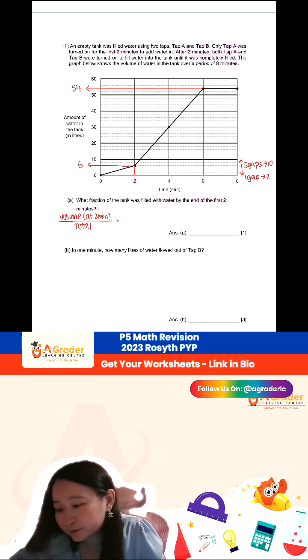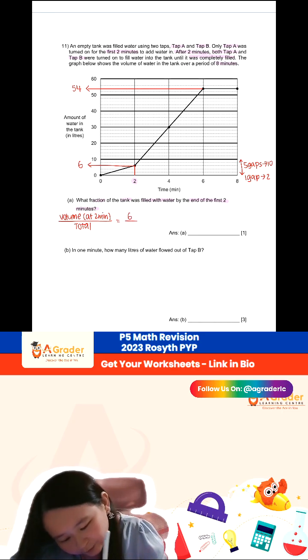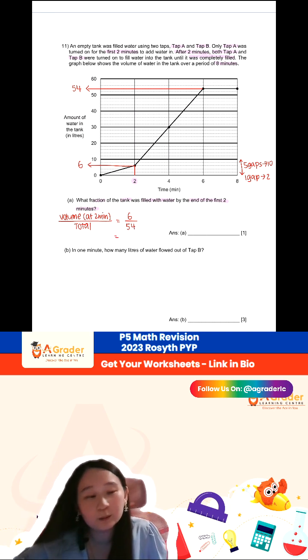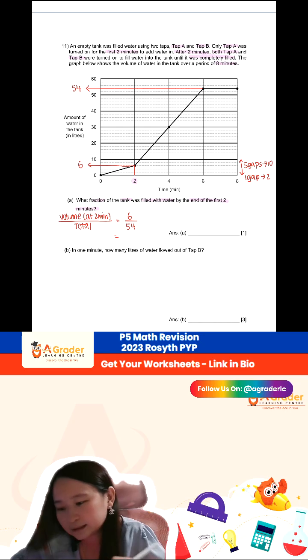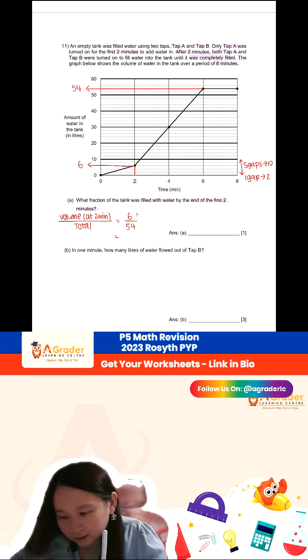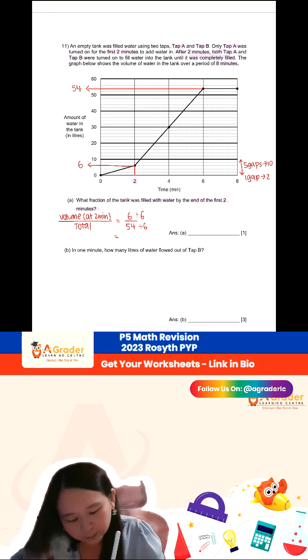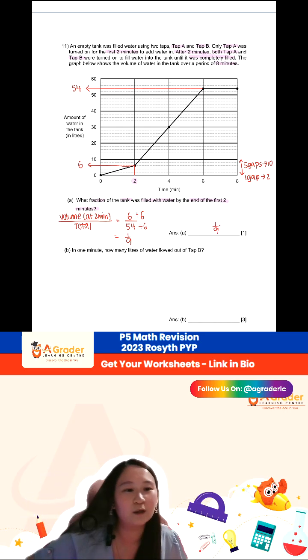That's how we get 6 and 54. So we just take 6 over 54 to find the fraction of the tank that's filled with water at the end of the first 2 minutes. Always simplify your fraction. We can divide by 6 to both the numerator and the denominator. So for part A, we get 1 out of 9.